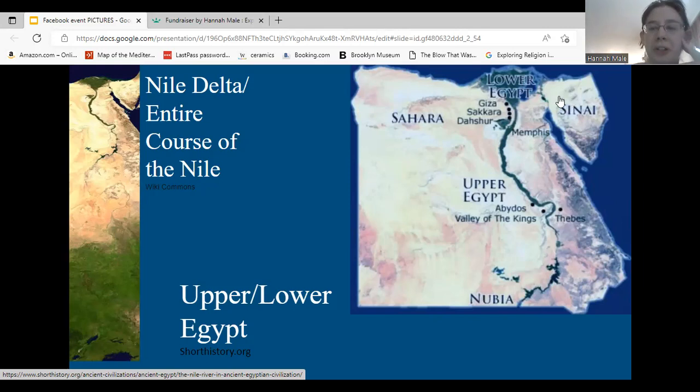The pharaohs would send expeditions to the Sinai Peninsula to get minerals and other goods as well. So in the Sinai Peninsula, there's a fair amount of both rock art and hieroglyphic carvings and inscriptions on the actual rocks from these expeditions as well.